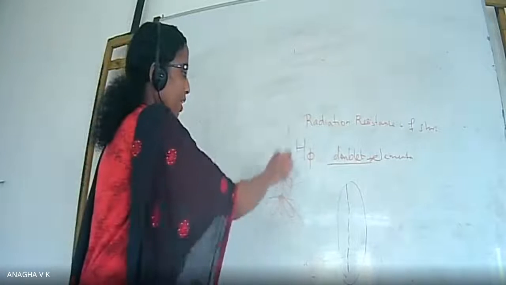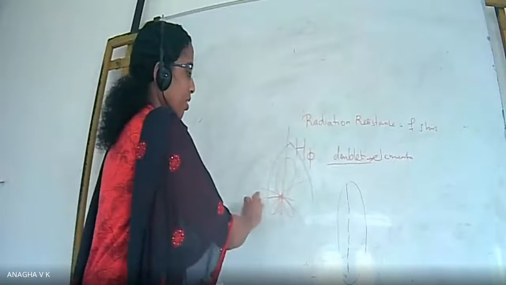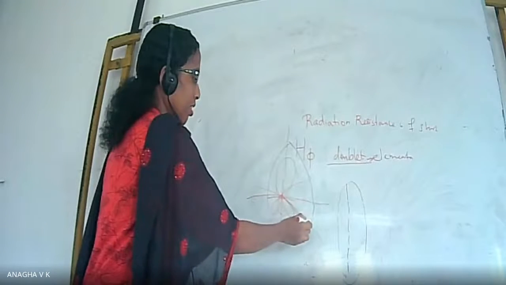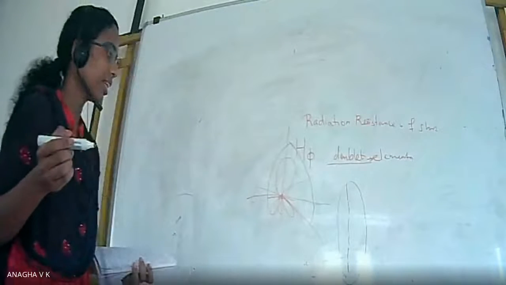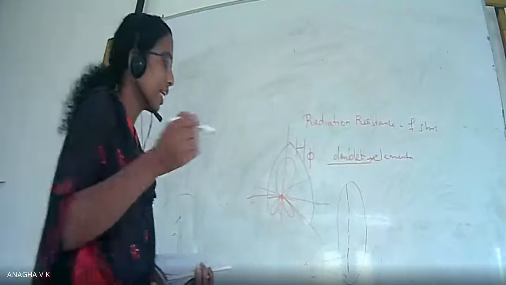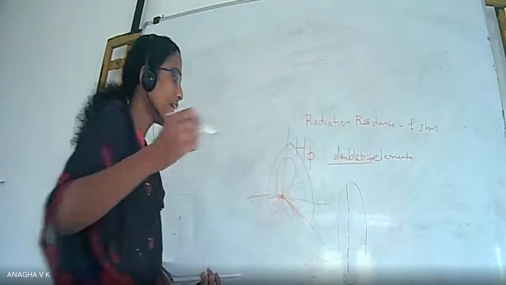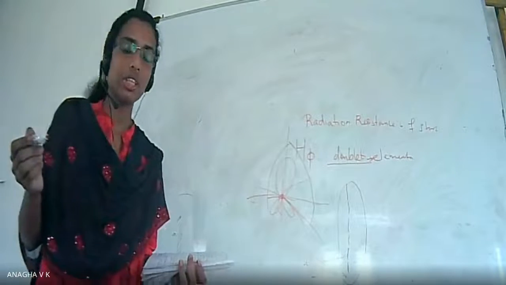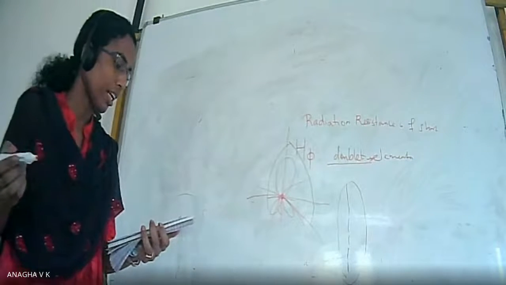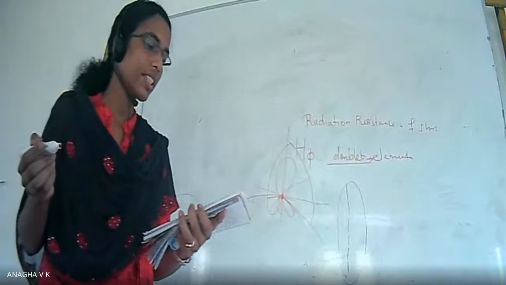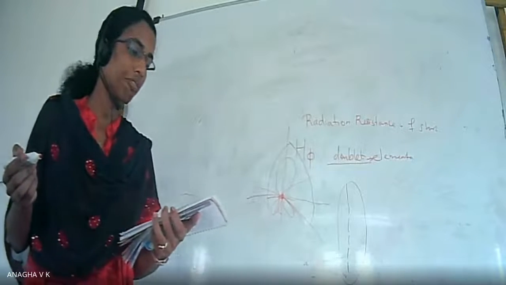This is the spherical coordinate system. So the dipole is taken at the center of the spherical coordinate system. Likewise, we are taking the radiation pattern, okay. So we are now discussing the radiation resistance of short dipole and half wave dipole.